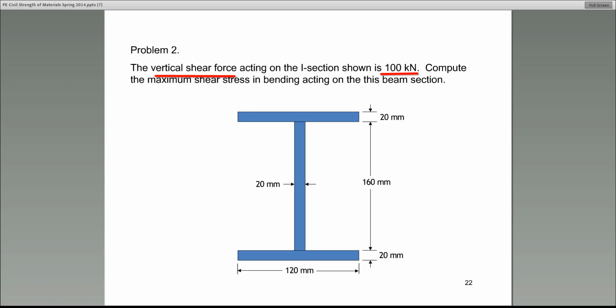All right, what equation do we use? The equation would be, sure, the one we just covered. Shear stress in bending, VQ over IB. That is the equation that governs.